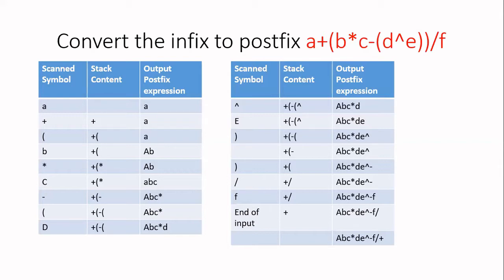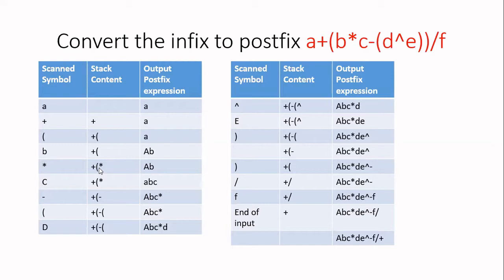Because if it is open parenthesis, you are going to take it from the stack only if you get a close parenthesis. Therefore, if you get an operator, and the operator on the stack is open parenthesis, push the new operator onto the stack. So I am pushing multiply on the stack. So now multiply is placed over the open parenthesis.